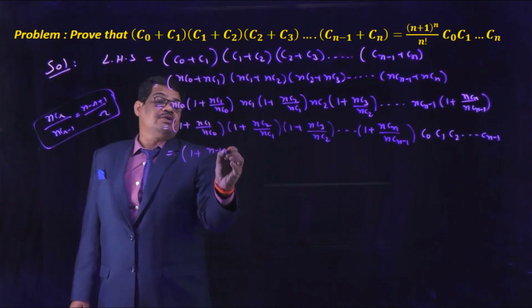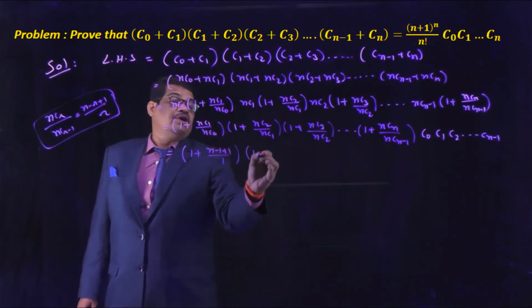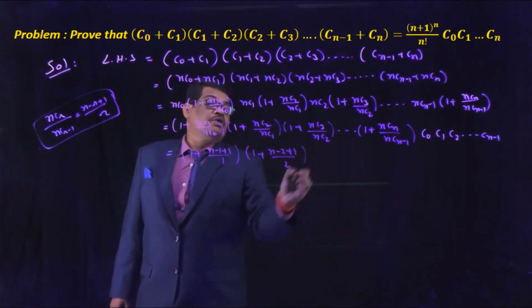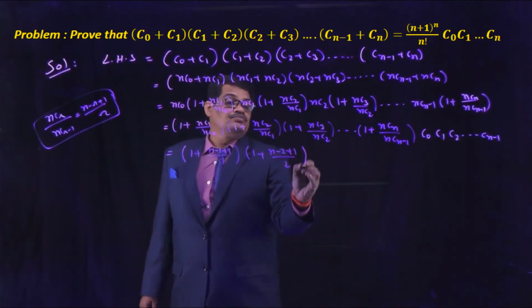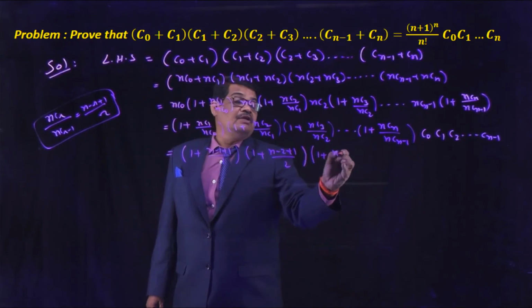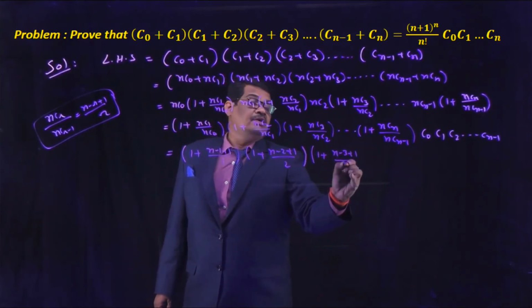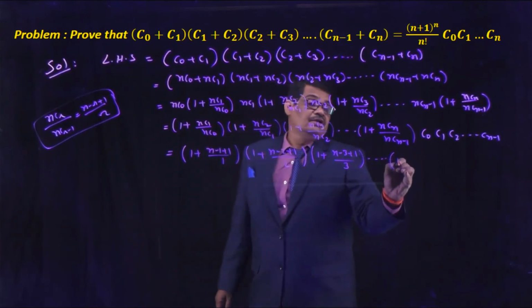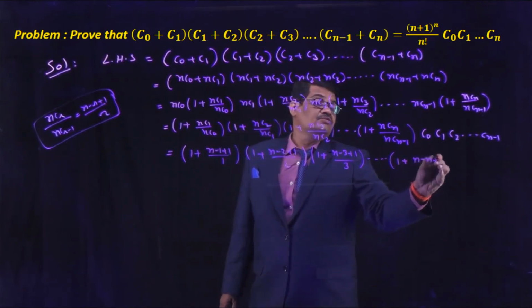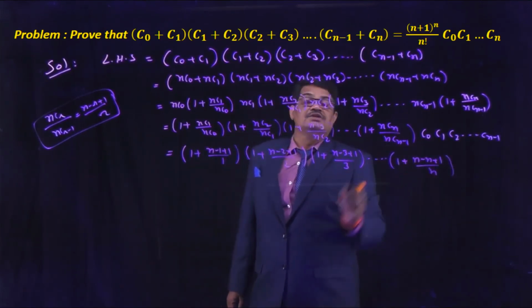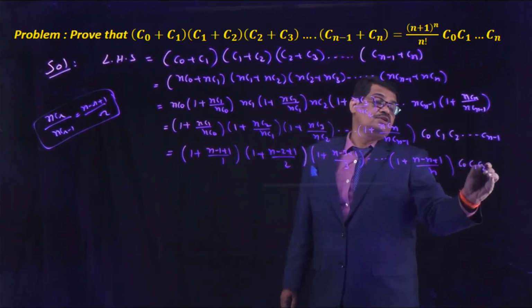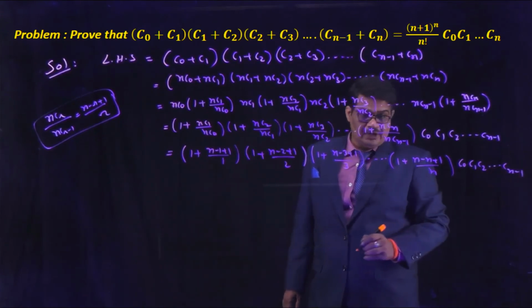Then 1 + (n − r + 1)/r, here r is 2, and 1 + (n − 3 + 1)/3 and so on. Here 1 + (n − n + 1)/n, here r is n. And into C0, C1, C2 and so on, Cn−1.